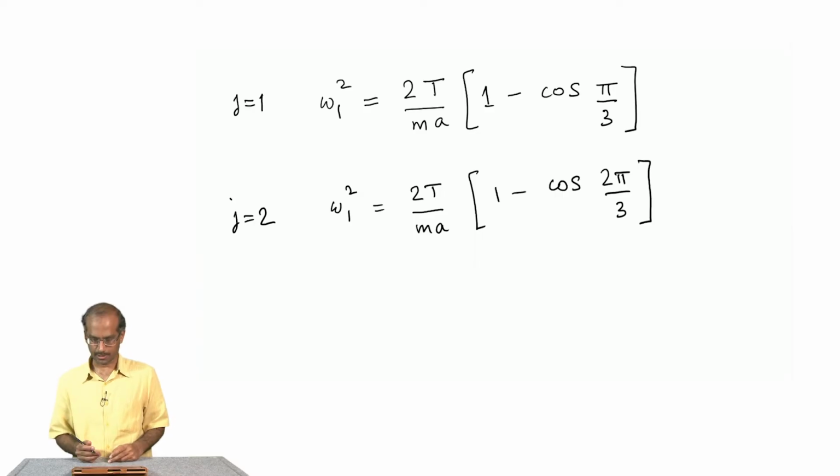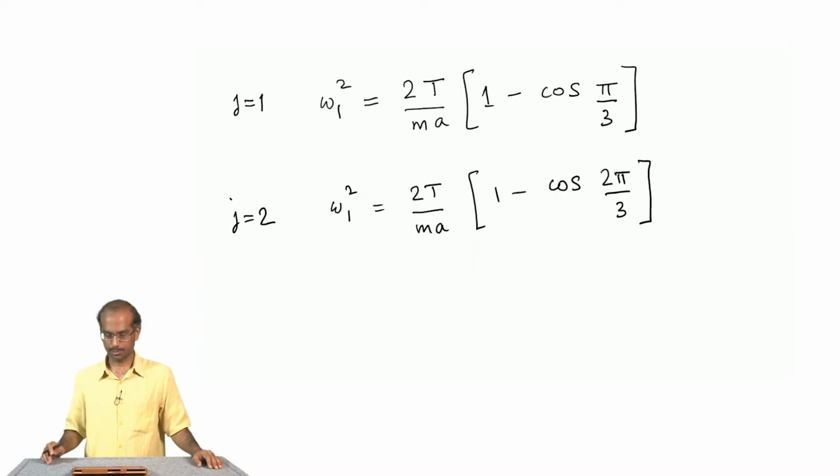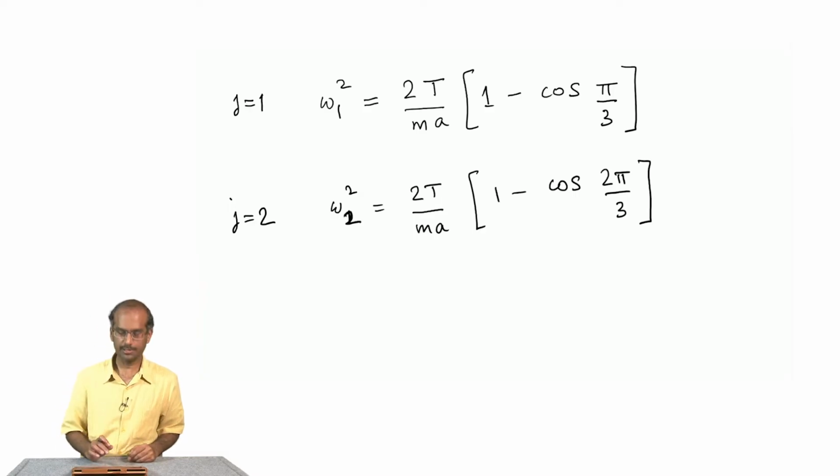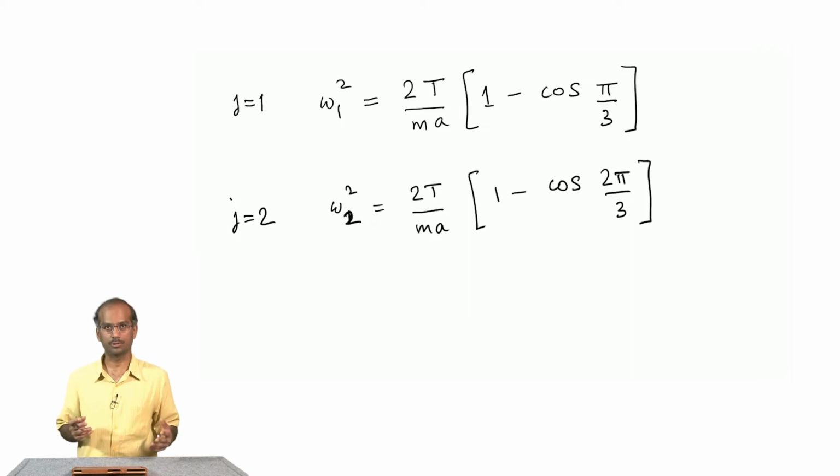I will leave it to you as an exercise to substitute the values for cos pi by 3 and cos 2 pi by 3, and you should be able to recover the known results for omega 1 and omega 2.